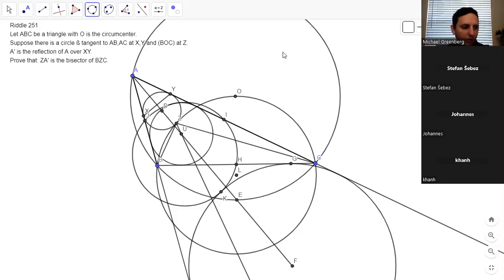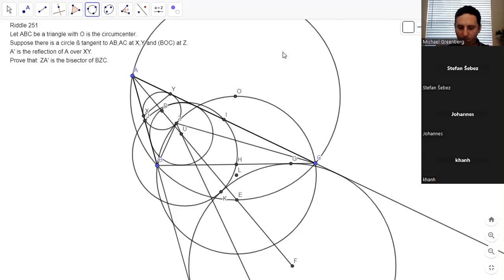Han, could you repeat exactly which inversion takes this XYZ to X circle? It is the root of AB times AC over 2.